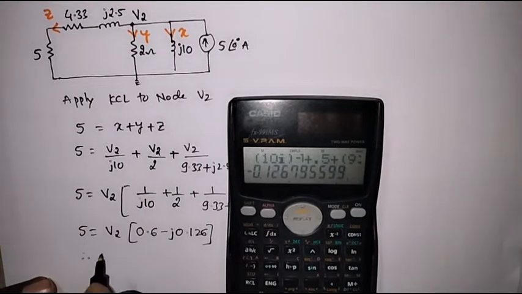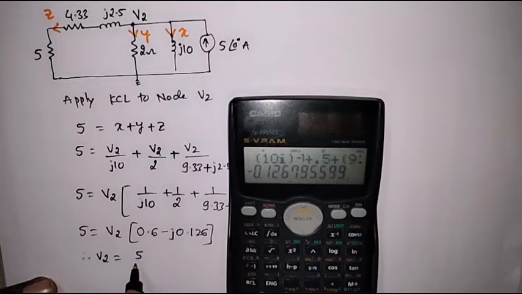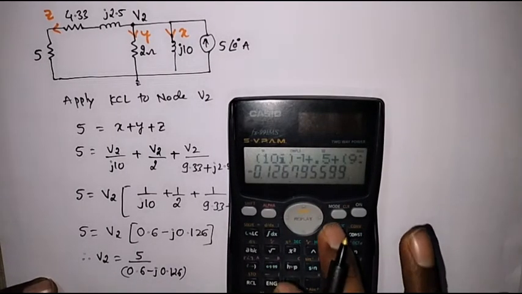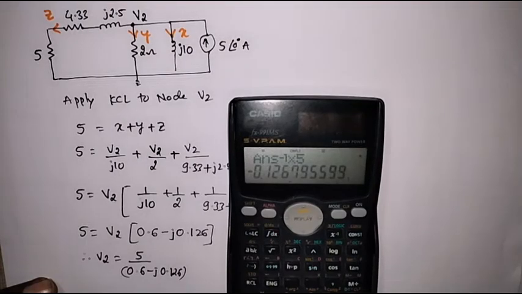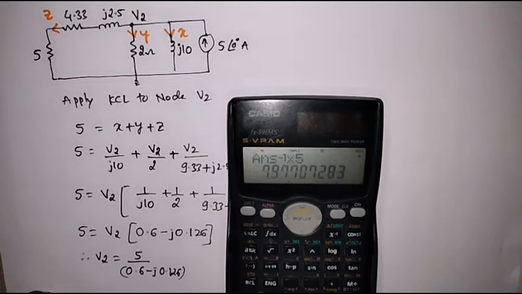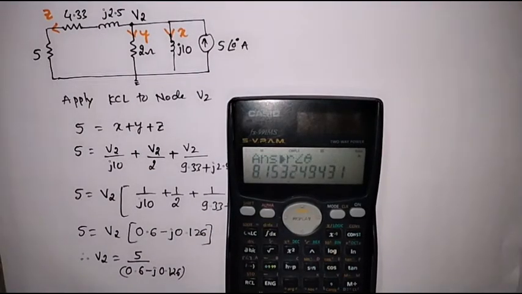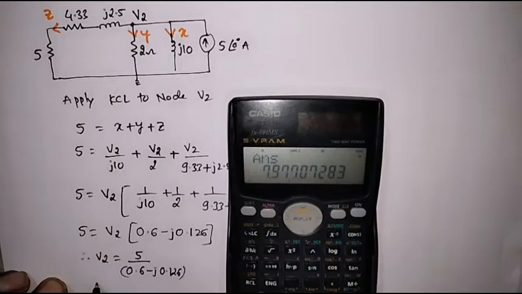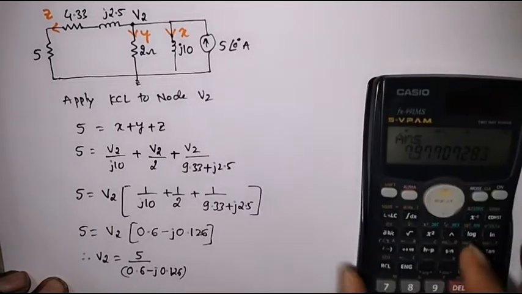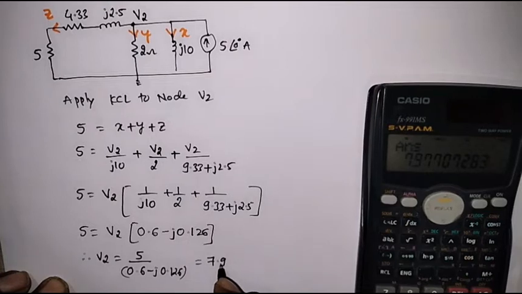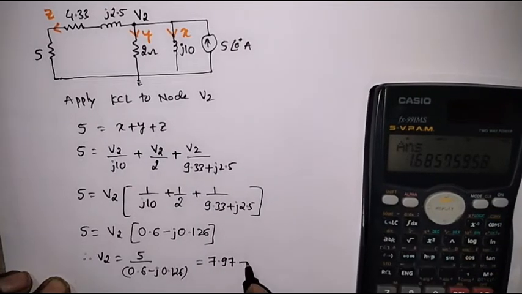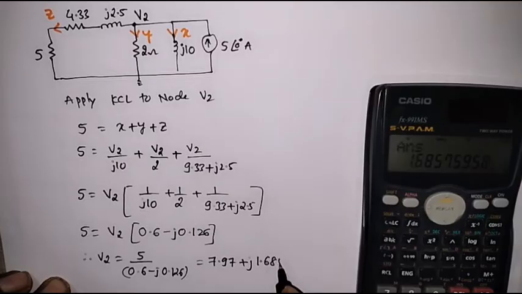Therefore V2 is equal to 5 divided by 0.6 minus j 0.126. That is nothing but the inverse of this into 5. It gives 7.97. Therefore V2 is equal to 7.97 plus j 1.685.